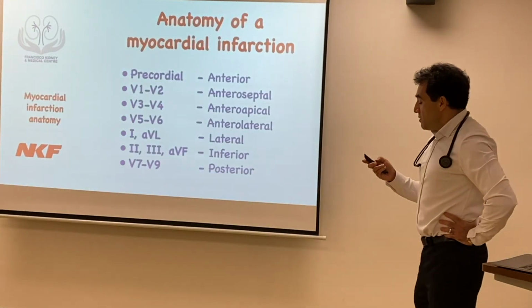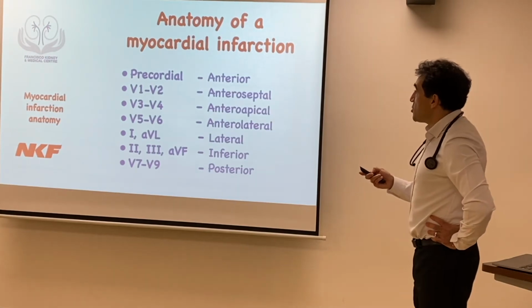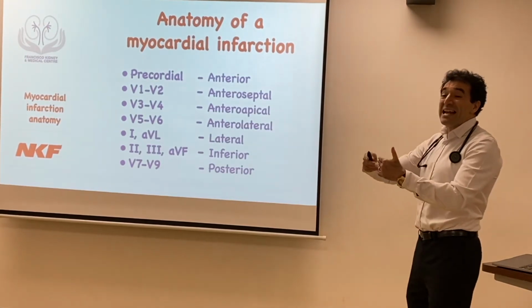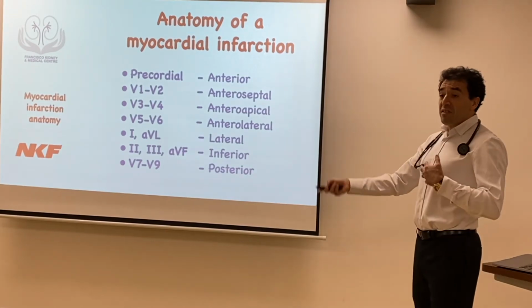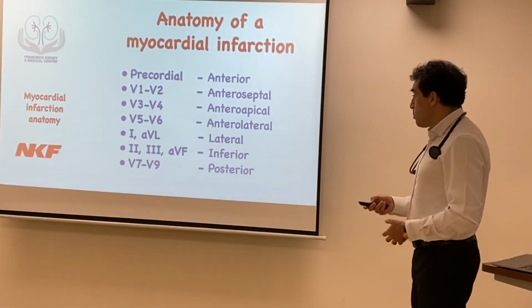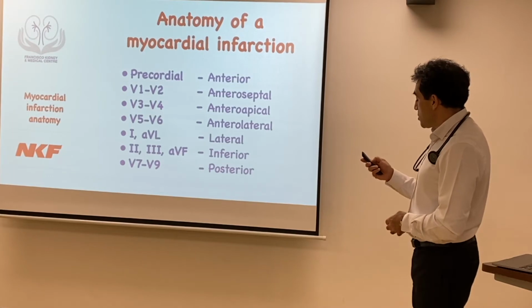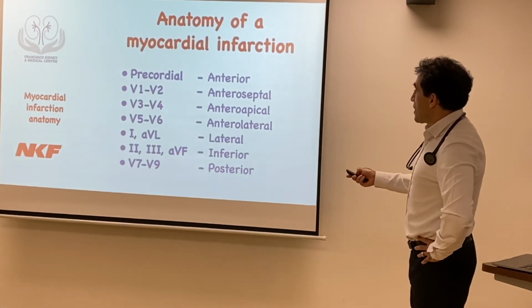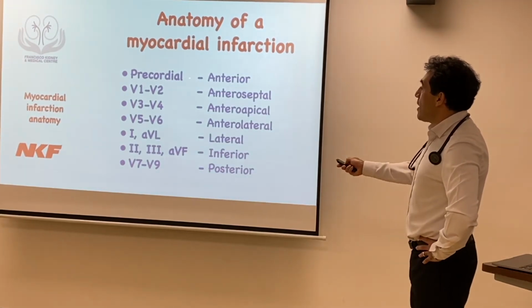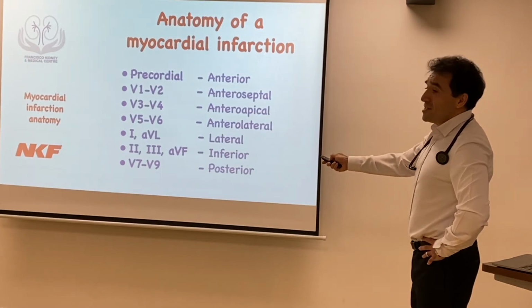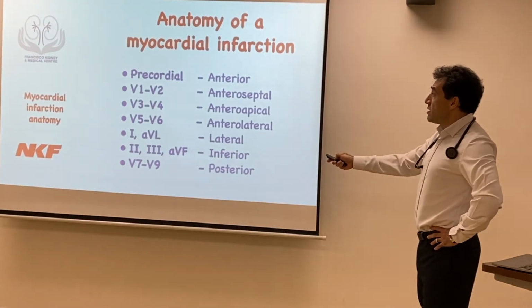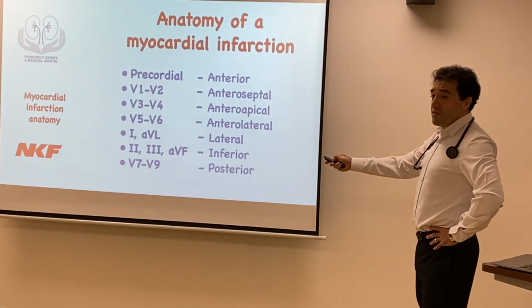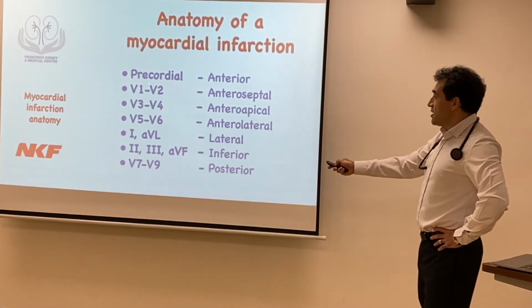So it's important to know the location of the MI. That's the next level, because sometimes it can have different symptoms, and there are also different approaches and different precautions. Typically in an anterior MI, there are ST elevations in the precordial leads, or in most of them, V1 to V6.